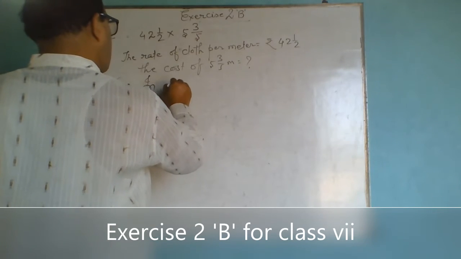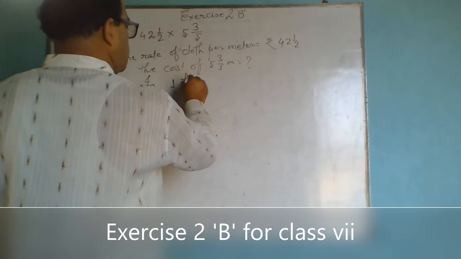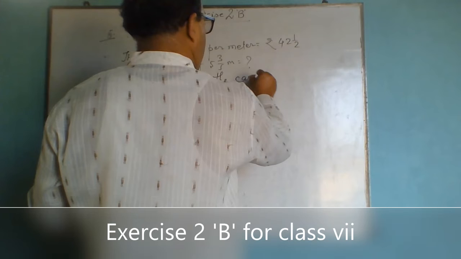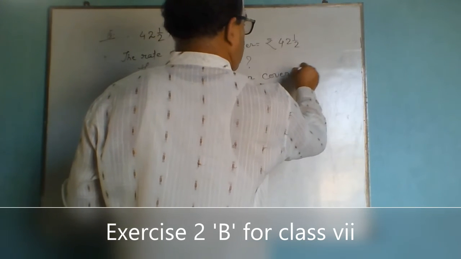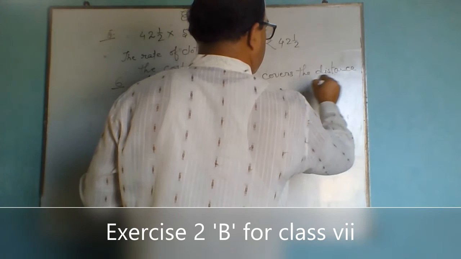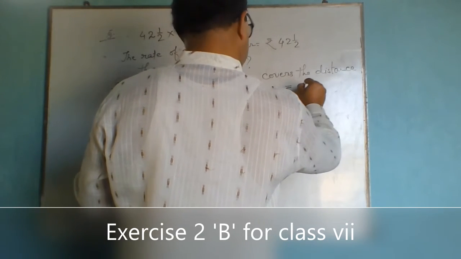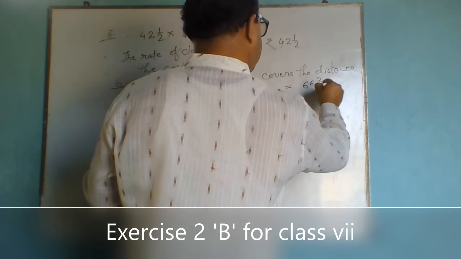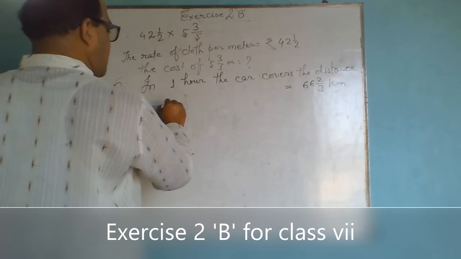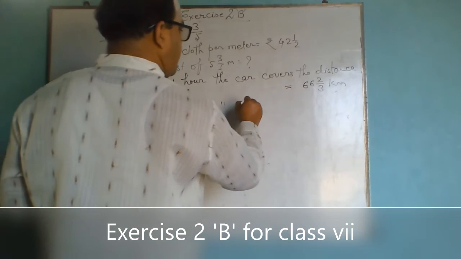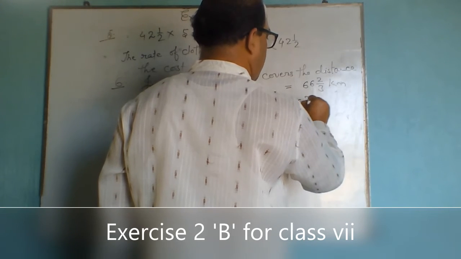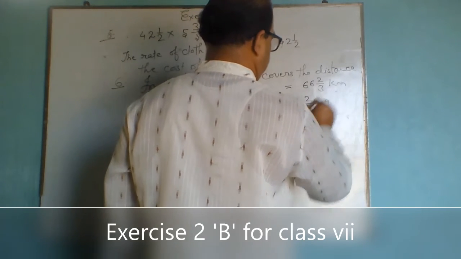In 1 hour, the car covers the distance equal to 66 whole 2 by 3 kilometer. In 9 hours, the car covers the distance 66 whole 2 by 3 into 9.